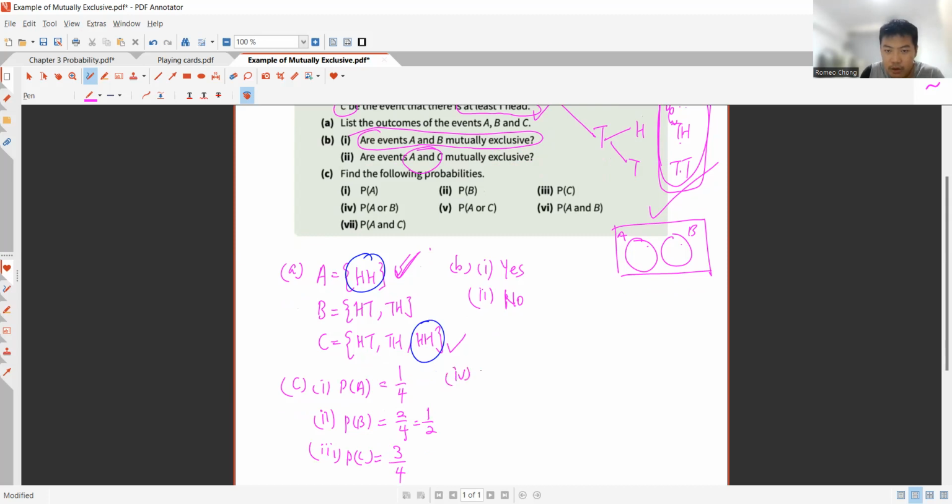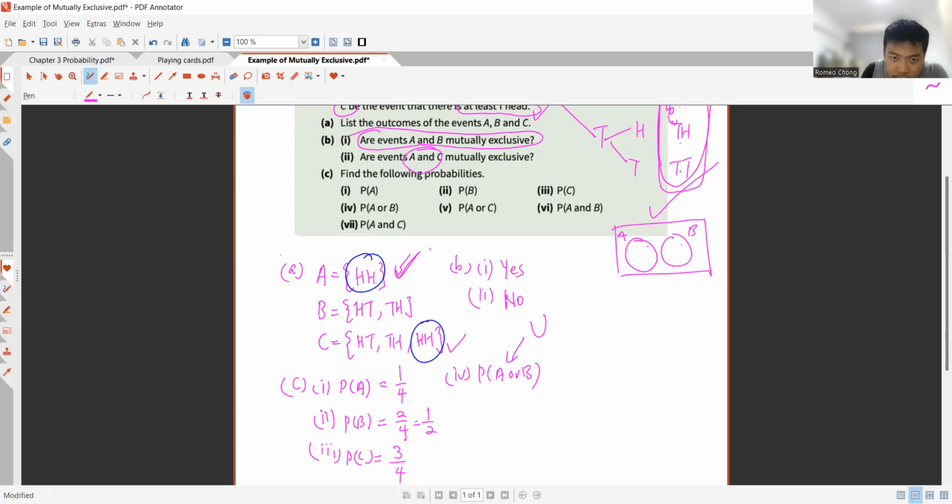Then number 4, we look at the probability of A or B. Remember, this word or means union. Union means as long as the element is in A, you have to count it, and if it's in B also, you have to count it. You have to take all the outcomes from the 2 sets.